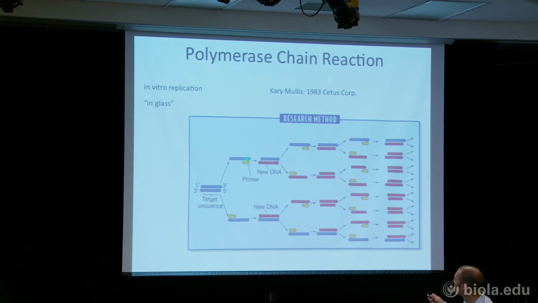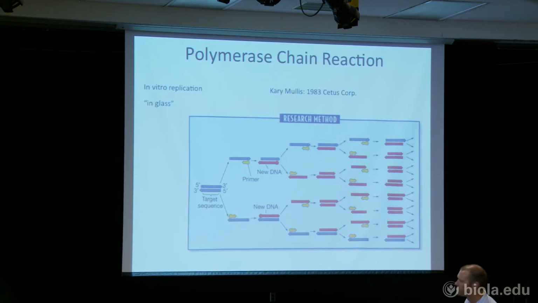So this primer is going to sit down. I can throw polymerase in there, and I've defined the place where polymerase should start making the copy. And so it's just going to go in and fill in the new strand. And I'm doing replication in a test tube. You design a primer for the opposite strand.